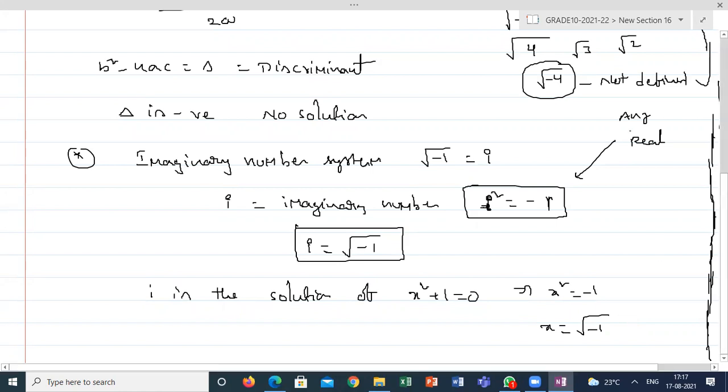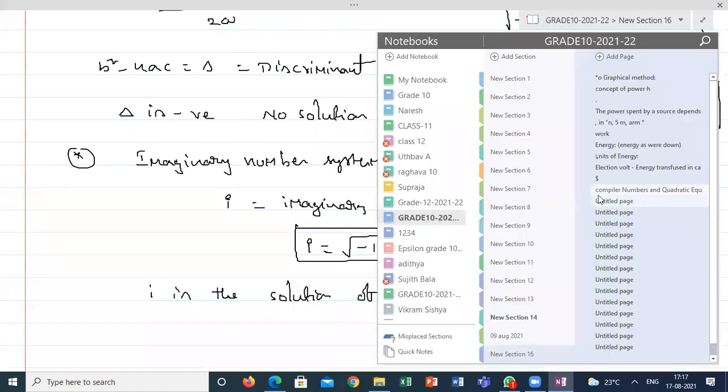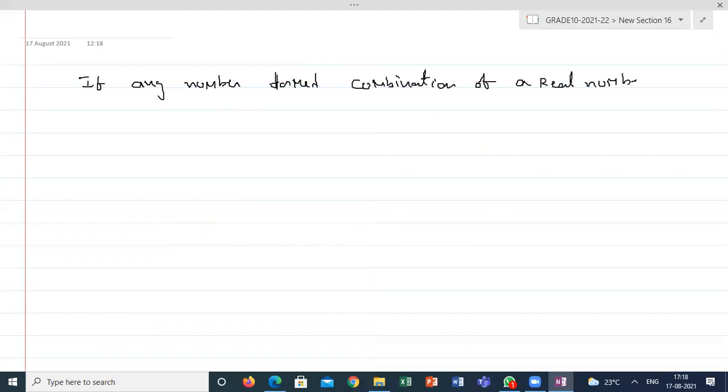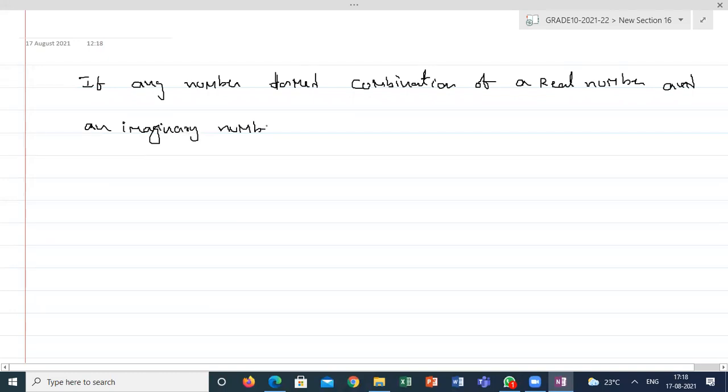If I write a number formed as a combination of a real number and an imaginary number, then it is called a complex number.